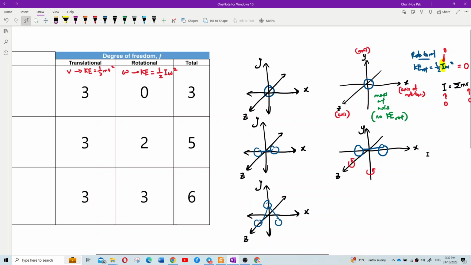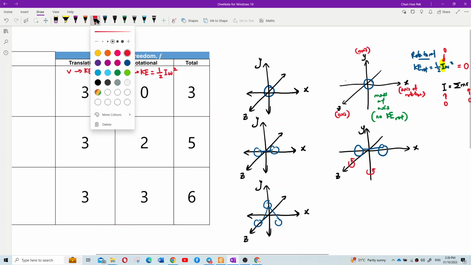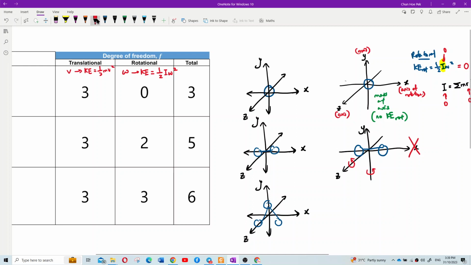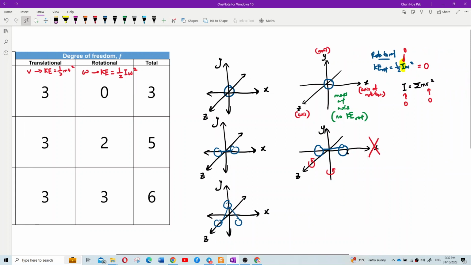But for the x-axis, no. Why no? Because the mass is at the axis of rotation. For the x-axis, the mass is on the axis, so the I is 0.